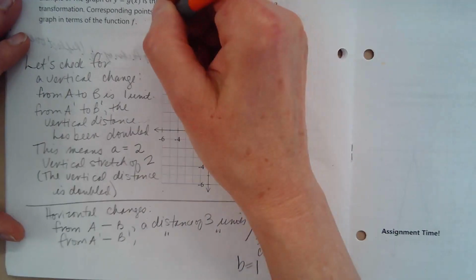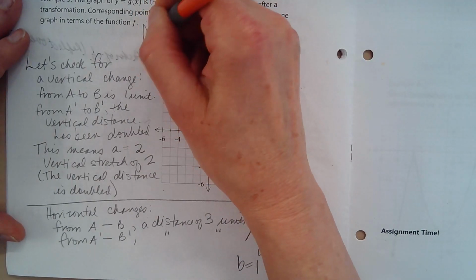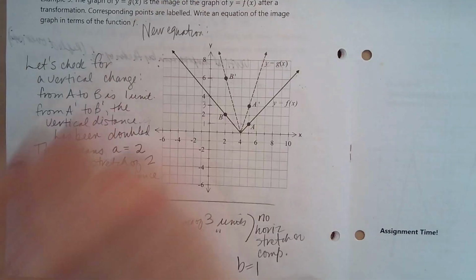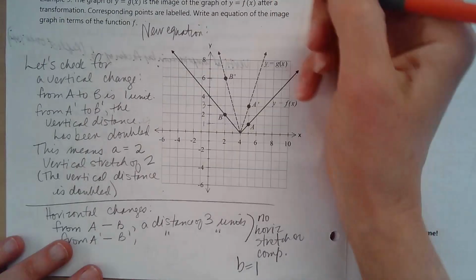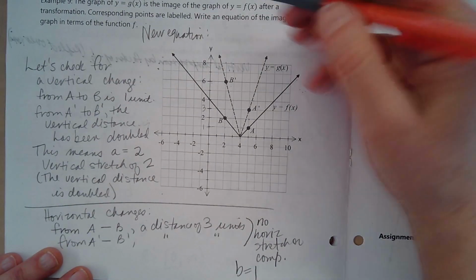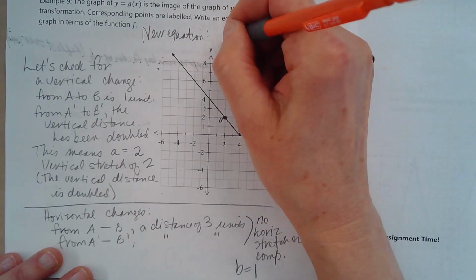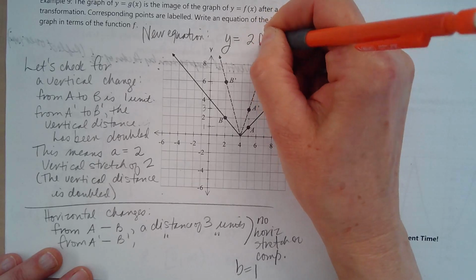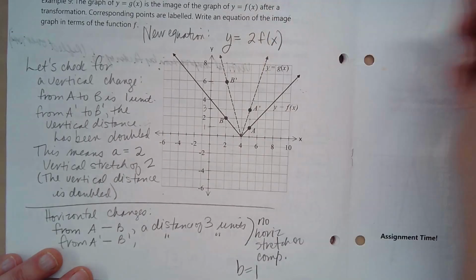So the new equation, all we had was an a value of 2. It says write an equation of the image graph in terms of the function f. So y equals 2f of x.